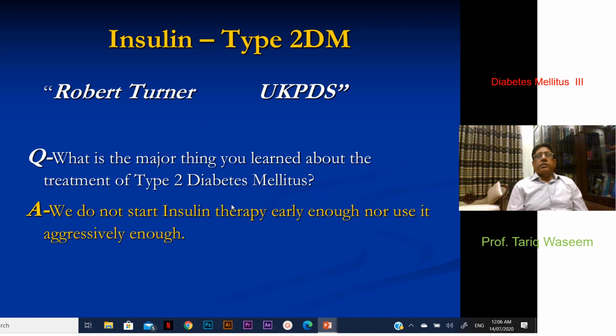UKPDS is a large trial conducted on type 2 diabetes mellitus in the UK, and since 1994 onward there have been multiple publications from this single study, which is an ongoing project on diabetic patients. Robert Turner was the lead investigator for this trial.